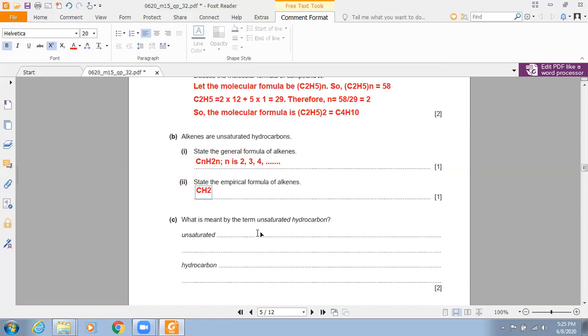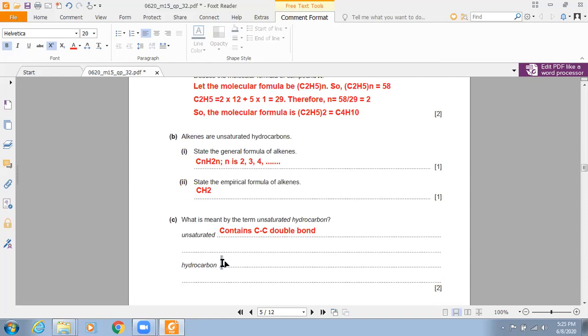What do you mean by the term unsaturated? It contains a carbon-carbon double bond. Or you can say that all the bonds are not single bonds.